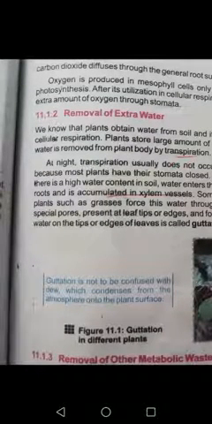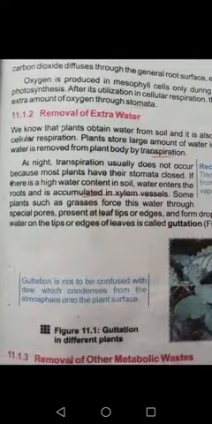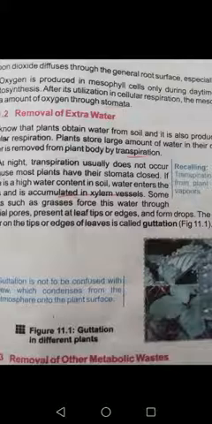Now the next topic is how plants remove extra water. Water is a byproduct of cellular respiration. During cellular respiration, carbon dioxide and water are produced. Actually, plants store a large amount of water in their body for turgidity, and the extra water is removed by the process of transpiration.